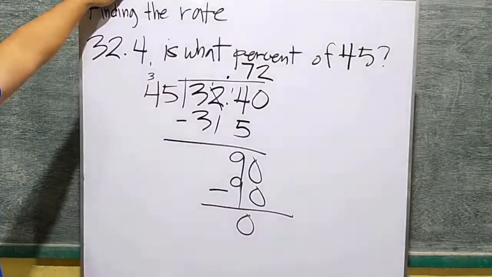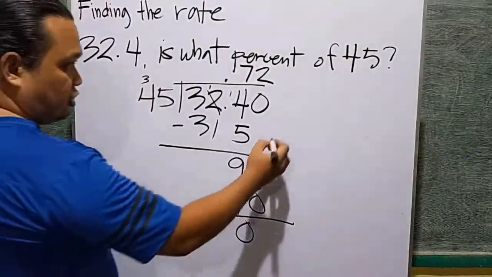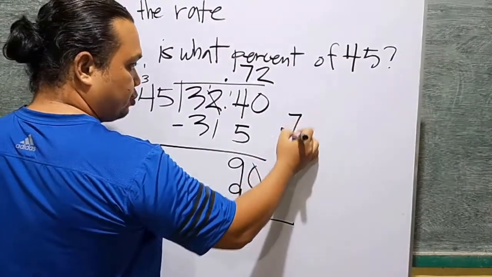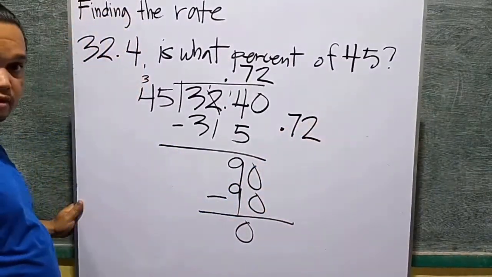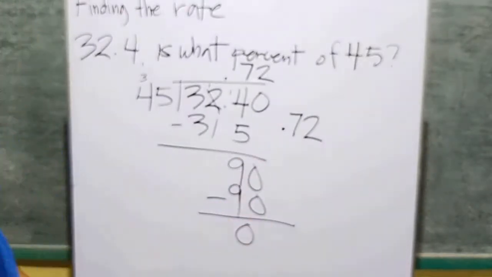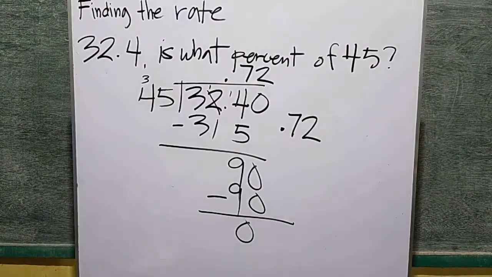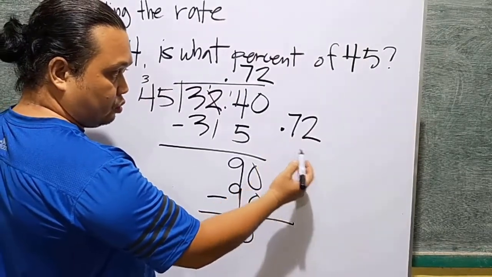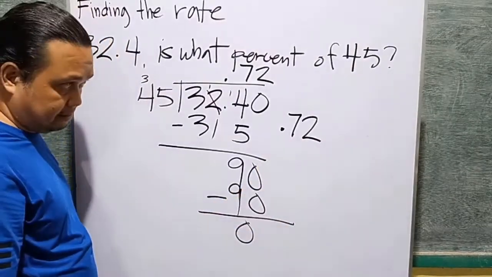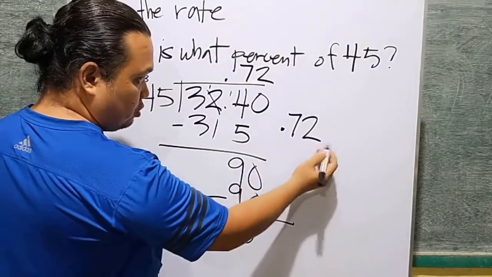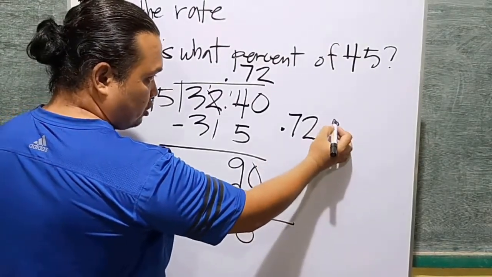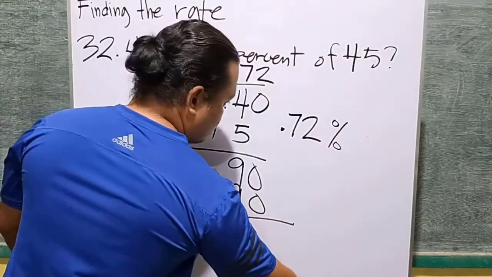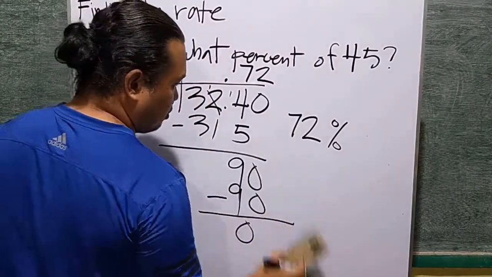So we have 0.72 for our answer. Now to change that into a percent, just move the decimal point 2 steps to the right. 1, 2, and change that into a percent. Drop the decimal point.